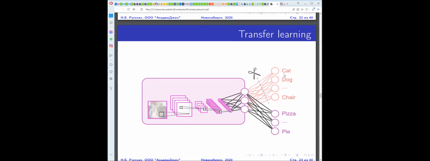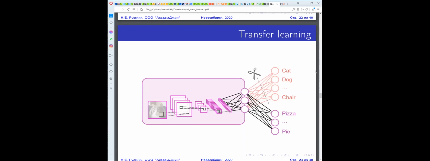So the ideal case is where we're given a really huge amount of data, and we can take a model to fit that complex dependency between input and output. But if the data set is small, our model would likely overfit. And one way to avoid that is transfer learning.